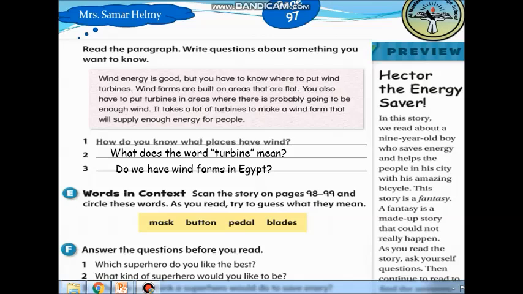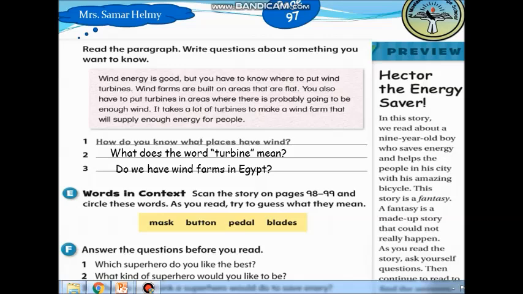As you read, try to guess what they mean. The meaning of the word scan: you will just move your eyes and your finger on the passage, not reading but just searching for these words, and you will circle them. Then when you start to read the passage you will try to guess their meaning in that context.